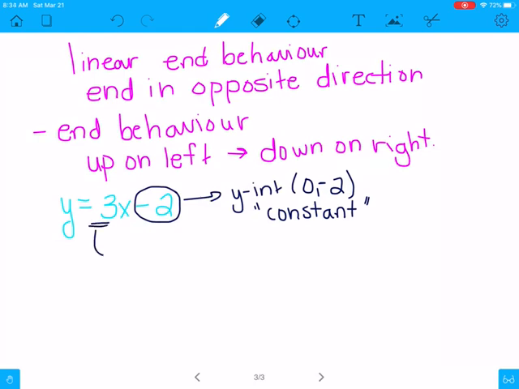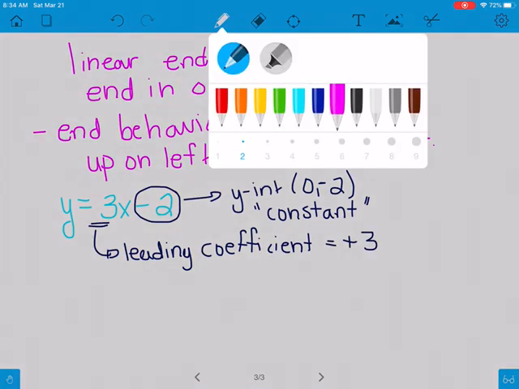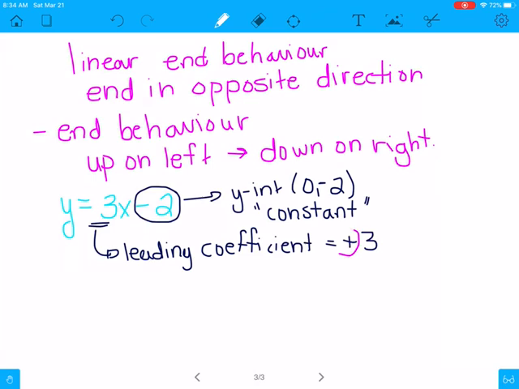And I know that my leading coefficient equals +3. Now that positive tells me how it ends on the right. So it ends up on the right.